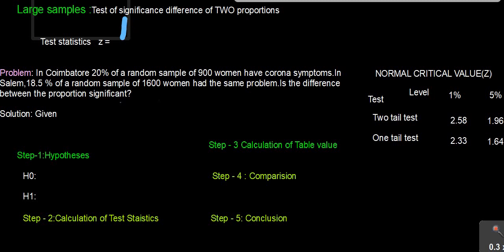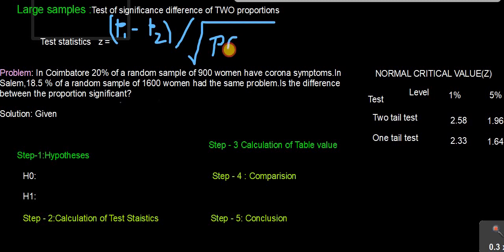small p1 minus small p2, divided by the square root of capital P Q, into 1 by n1 plus 1 by n2, and all these should come inside the bracket.